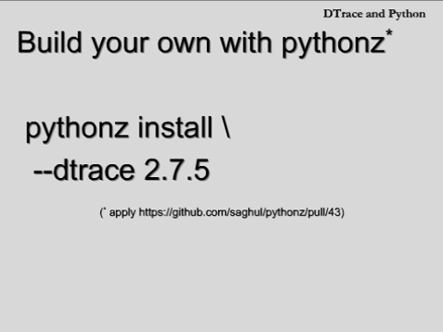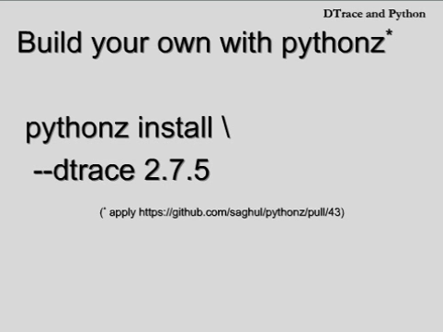Unfortunately, the Python core team decided they didn't really want to deal with it for the 2 series. And for the 3 series, it's still sort of an open question whether or not it's going to get integrated there. I would love to see it get integrated into the 3 series, but as far as I know, it's not something that's available right now.